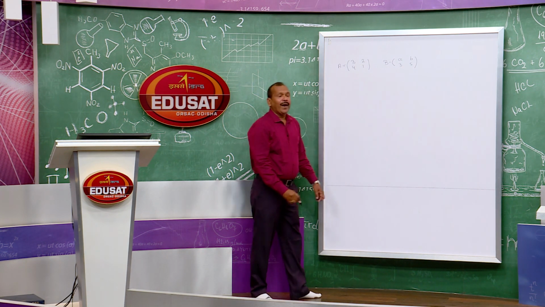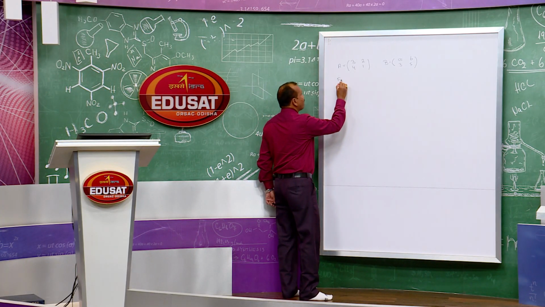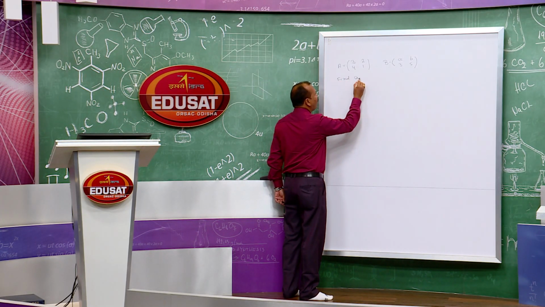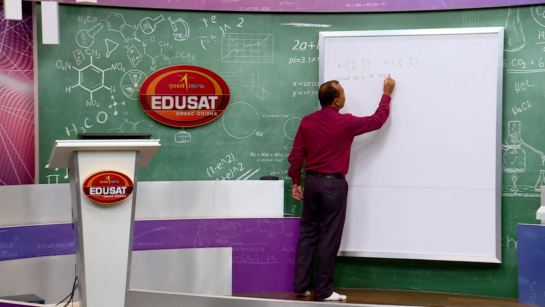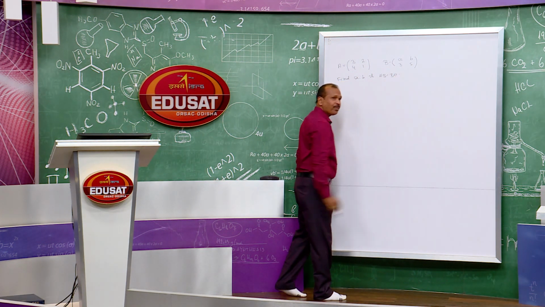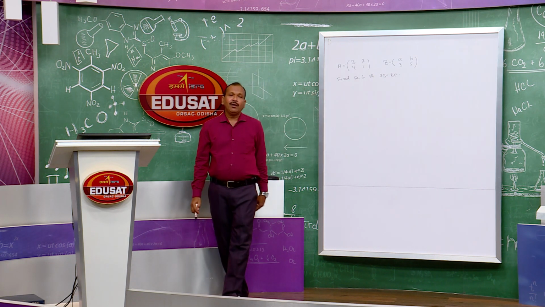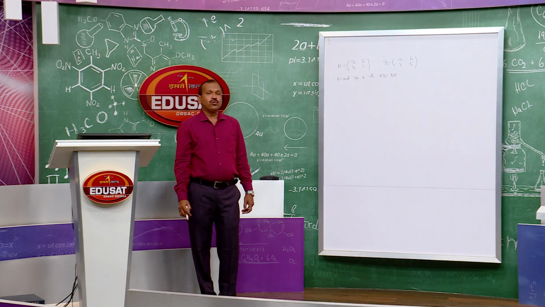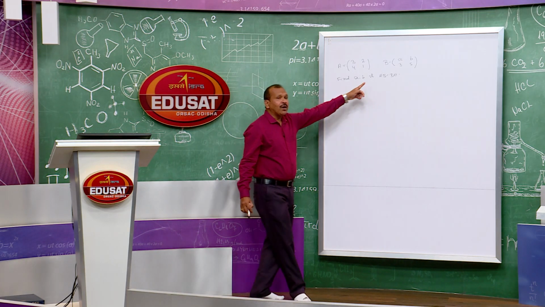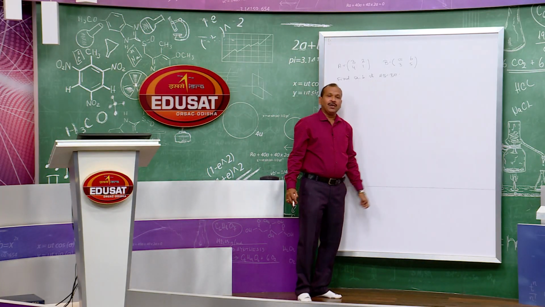We have to find the values of a and b if AB is equal to BA. Both A and B are matrices having order 2 cross 2. Hence, the AB product is possible and the BA product is possible.